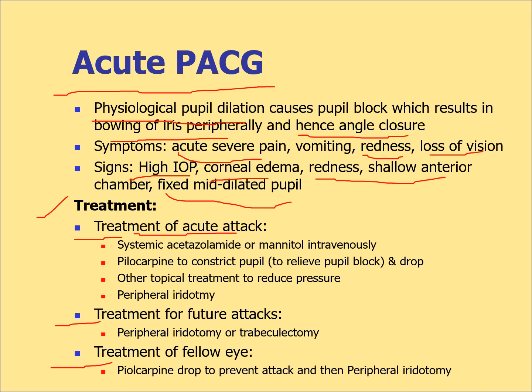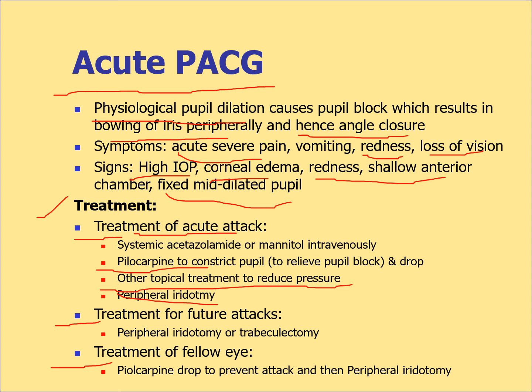Acute attack is treated with systemic acetazolamide or mannitol intravenously, which constricts the vitreous and relieves the pupillary block, pilocarpine to constrict the pupil and relieve the pupillary block, and you can also use other medical treatment to reduce pressure, and peripheral iridotomy to make an alternative route for aqueous to come into the anterior chamber.